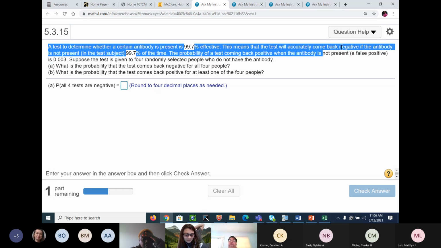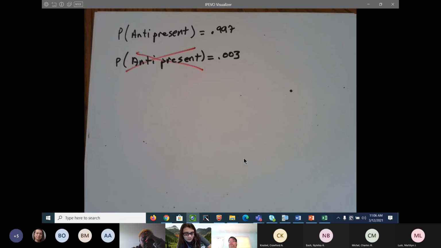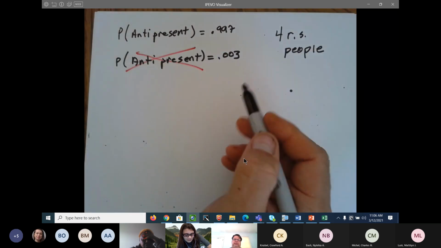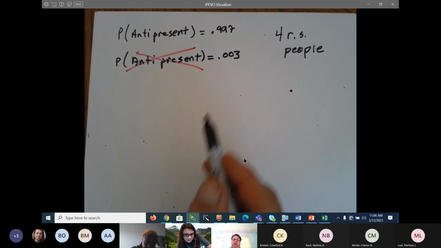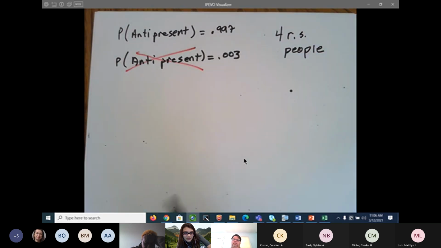Out of all of that, 3 sentences, looks like a paragraph. This is what you get. So what am I telling you to do when you see a problem like this? Get it down to what you need. This is the only thing that is important in that question. Now let's read the question.